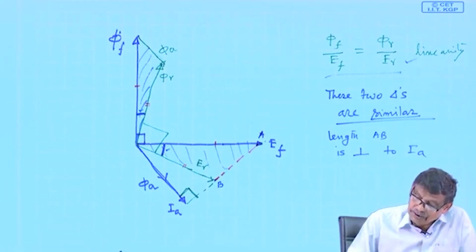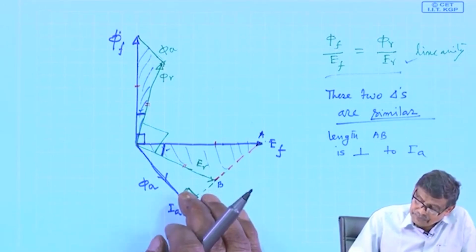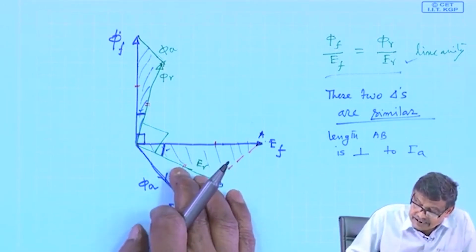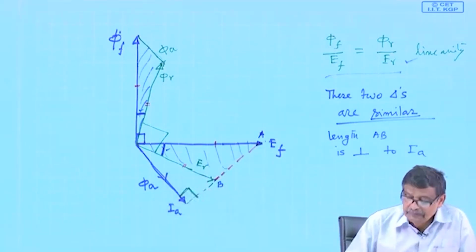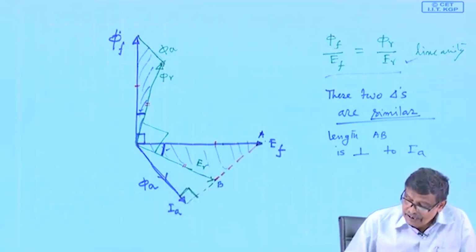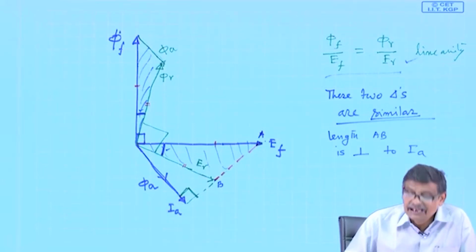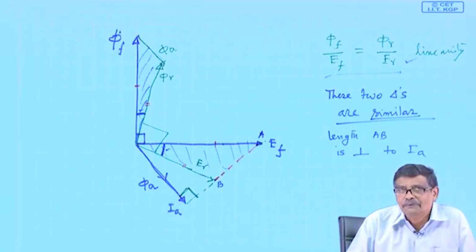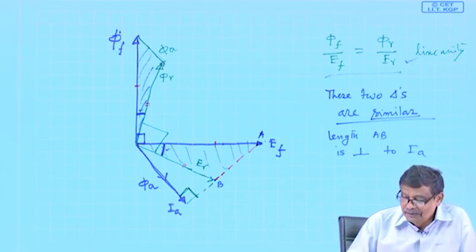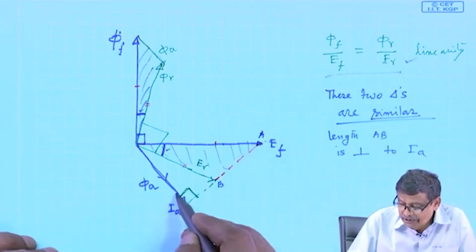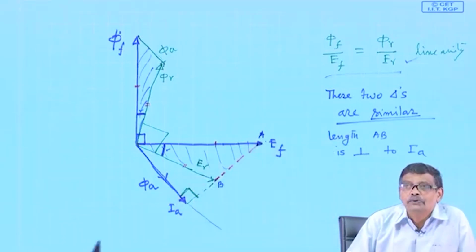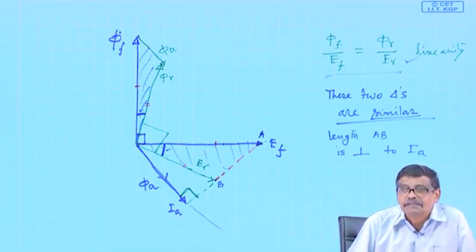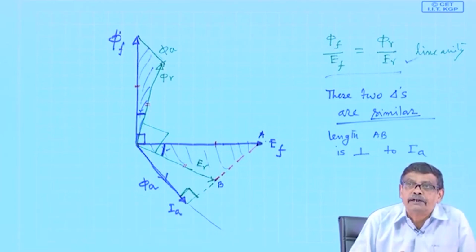Therefore, to explain this change from EF to ER, I can also imagine, since this line is perpendicular to IA, I will consider this to be a drop due to an inductance. That is the most crucial point.